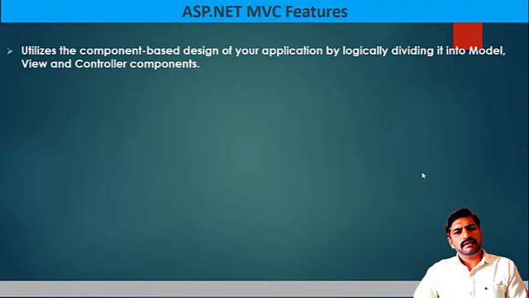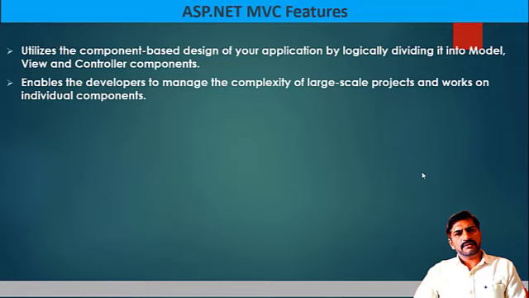That is, it is based on component based software design development. So it enables the developer to manage the complexity of large scale projects and work on individual components. The developers can work on the different components individually, so the complexity of the large scale project will be reduced.